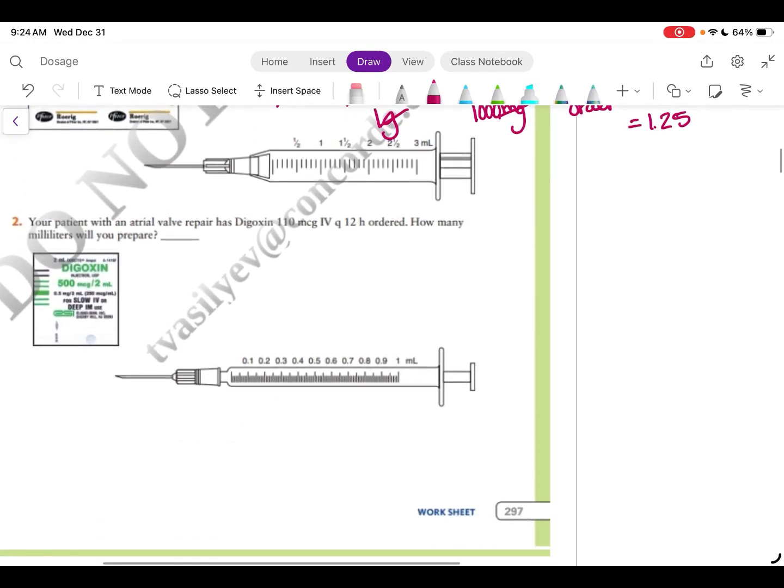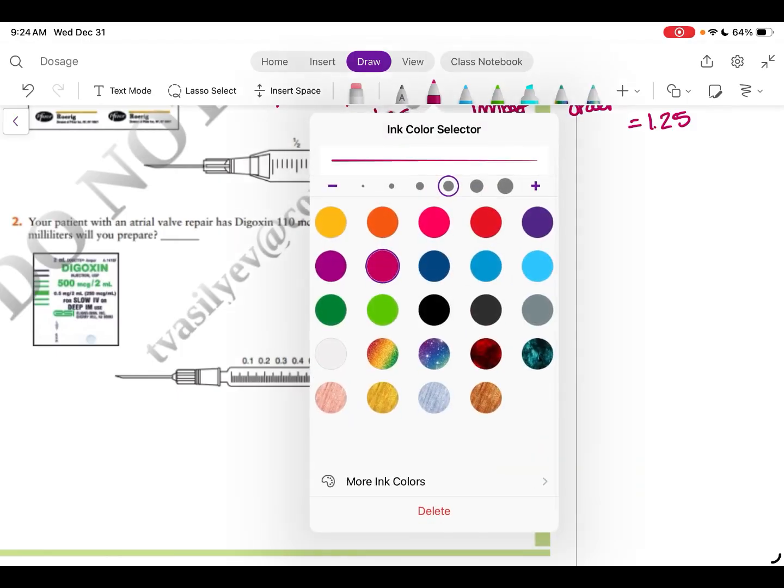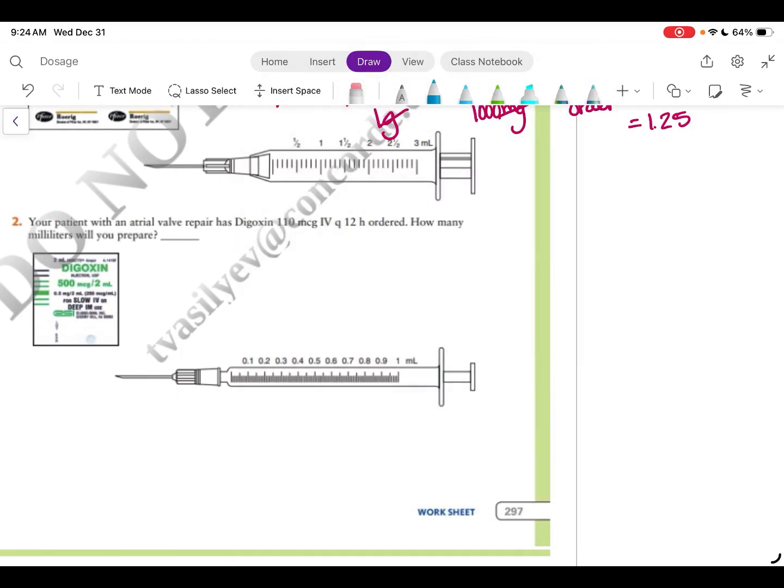All right, number 2. Let me go back to my blue color. So we have an order for digoxin 110 micrograms. How many milliliters are we going to give? So X mL, right?